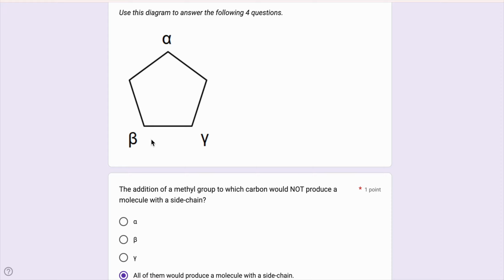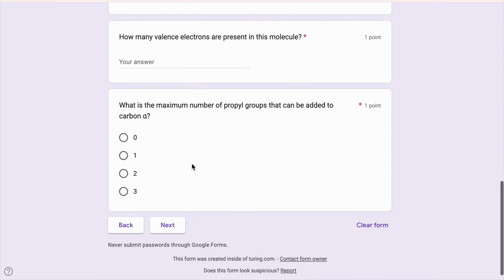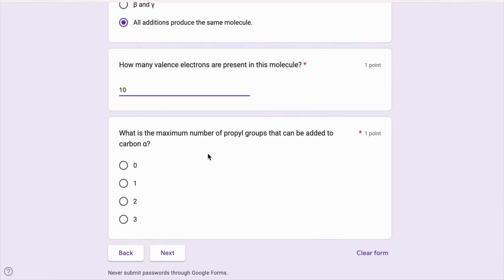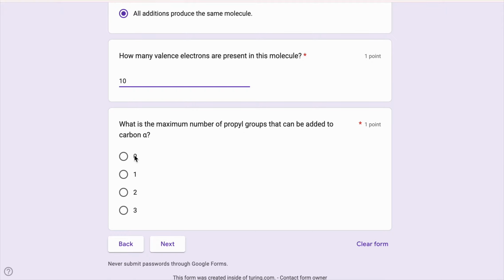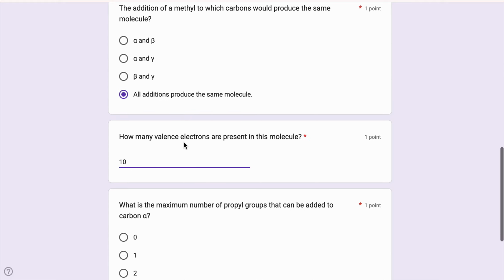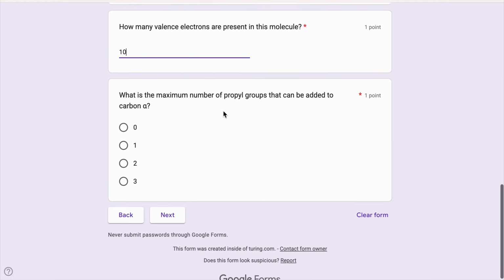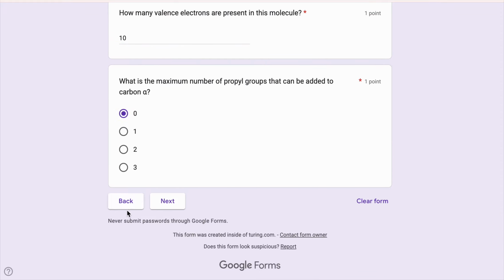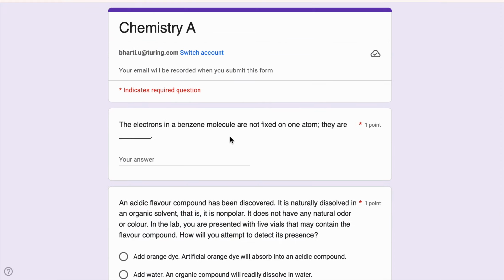So it has 2 valence electrons. 5 into 2, 10. That is 10. What is the maximum number of propyl groups that can be added to carbon alpha? 0. We can't add propyl groups.